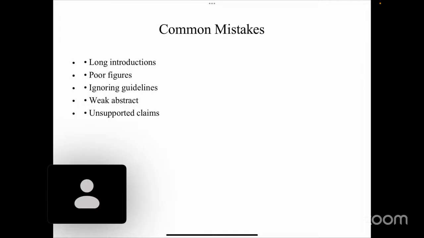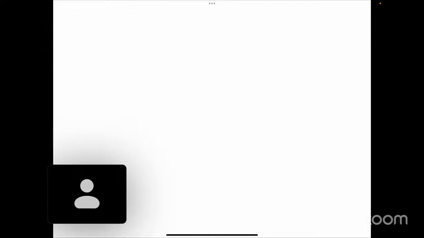And supporting claims: you cannot claim anything, especially in the discussion part, without providing evidence from the literature. So please, when you claim information, try to provide evidence from the literature.